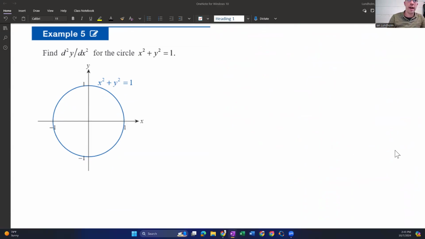All right. Let's start here. x squared plus y squared equals 1. Take the derivative of everything with respect to x. We get 2x plus 2y y prime equals 0. So we needed to do a chain rule on the y squared part, but that is maybe starting to become second nature.